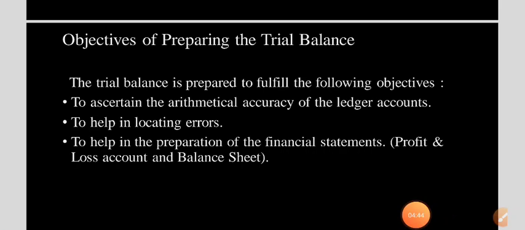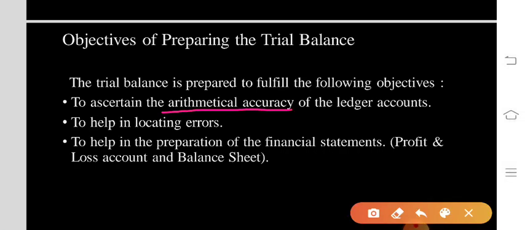Now, what are the objectives of preparing this trial balance? This trial balance is prepared to fulfill the following objectives. The first point, as we have discussed in the meaning also, is to find out arithmetical accuracy. That means if I am doing something, I want to find the accuracy level that I am performing.